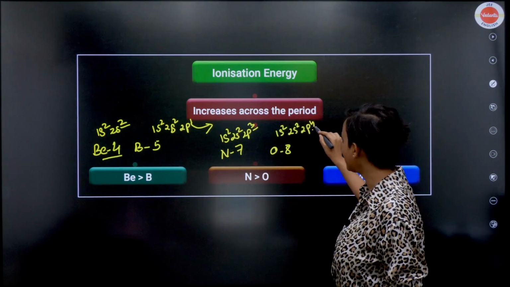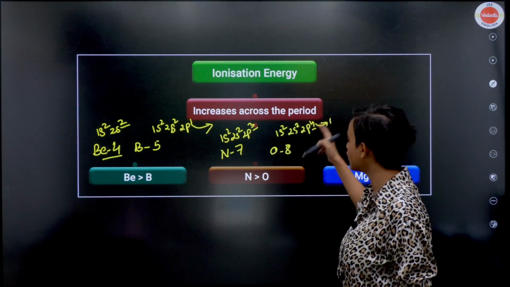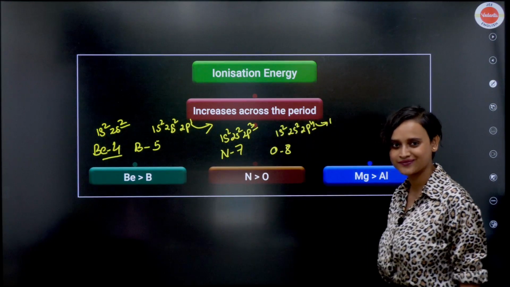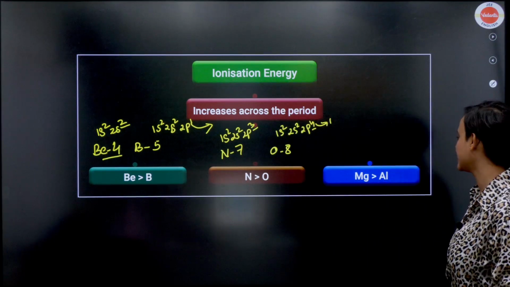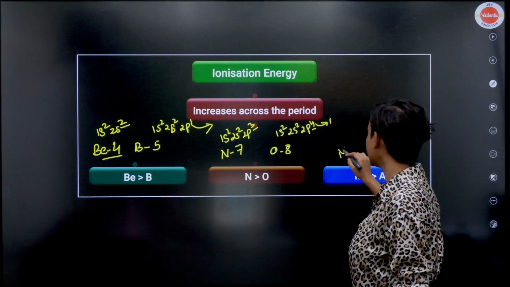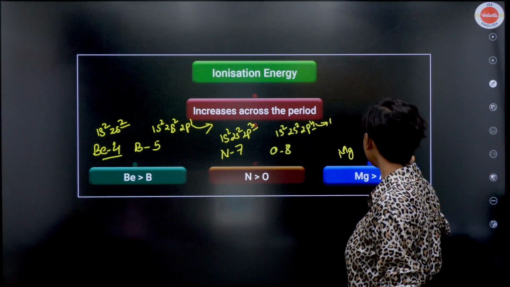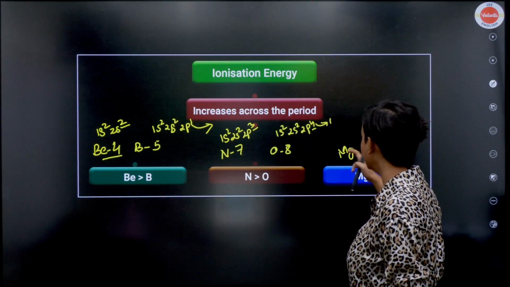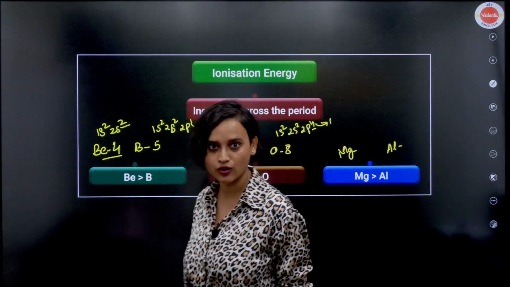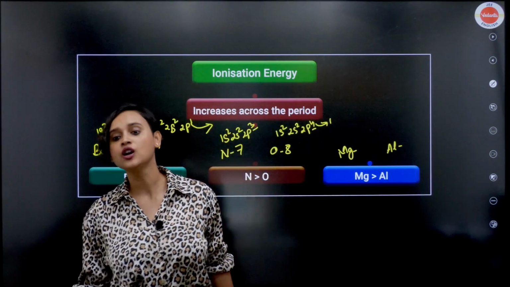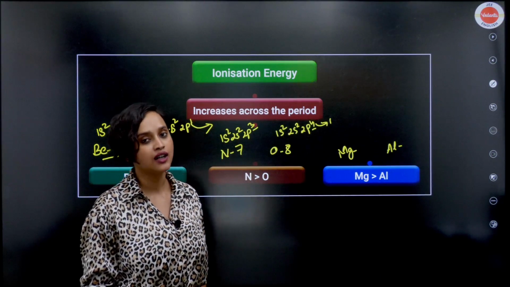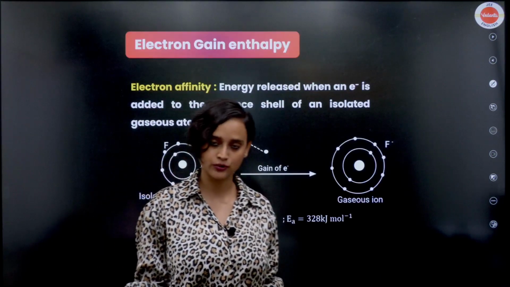It can readily give away 1 electron to attain the half filled stability. That's why oxygen has less ionization energy. Same with magnesium and aluminium as well. Find out their atomic numbers and do this on your own and figure out why aluminium has lesser ionization energy than magnesium.